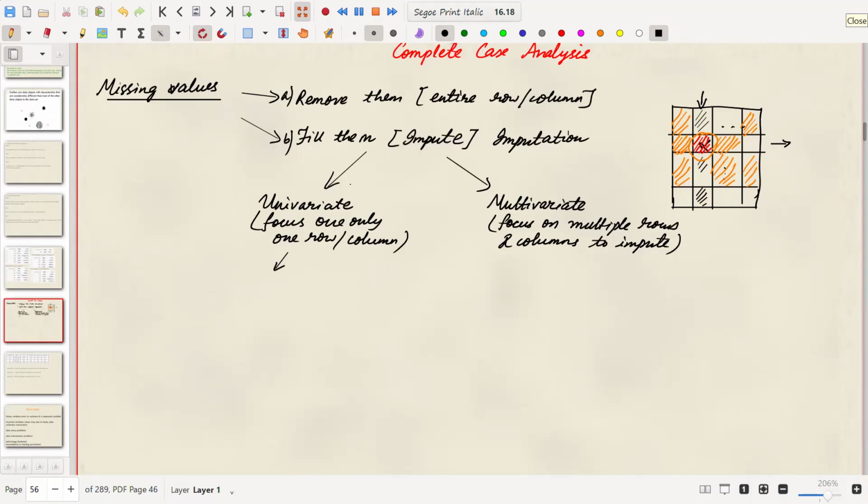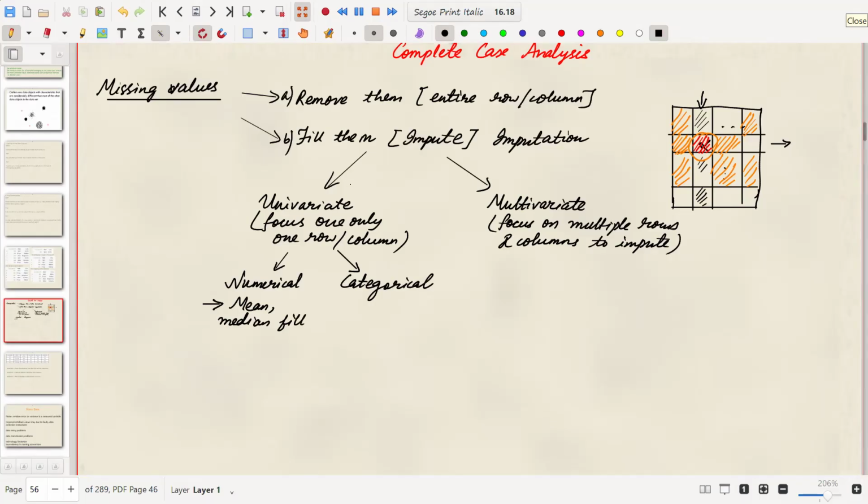In univariate imputation, you will mainly focus on two different types of variables, numerical and categorical. If you have numerical variables, you can impute the missing value by using mean or median filling.